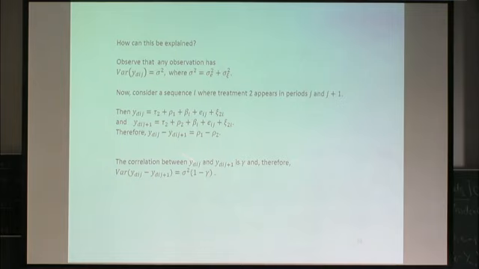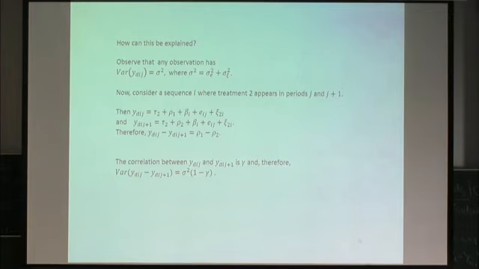So the reason is certainly a defect of the model. If we look at this model and we assume that we have a sequence where treatment 2 appears in periods j and j plus 1, then the j-th observation is treatment 2 plus the carryover effect of some other treatment, treatment 1, plus the effect of the unit and so on.